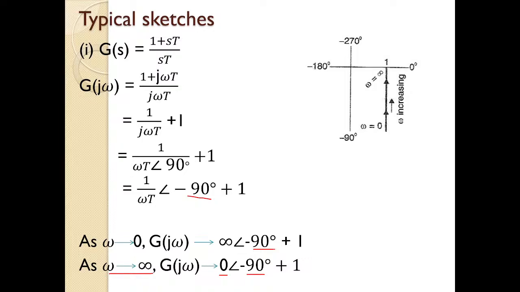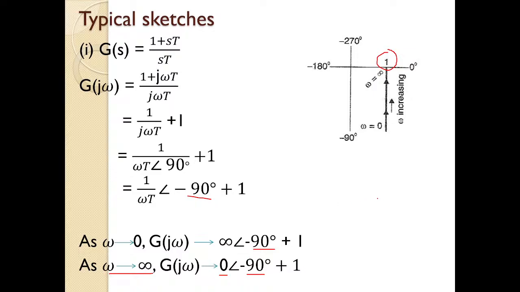The angle remains the same, so the angle is not varying. The whole magnitude and phase angle are both adding with 1, so you just consider 1 here on the reference axis, and see here, at 1, this plot.